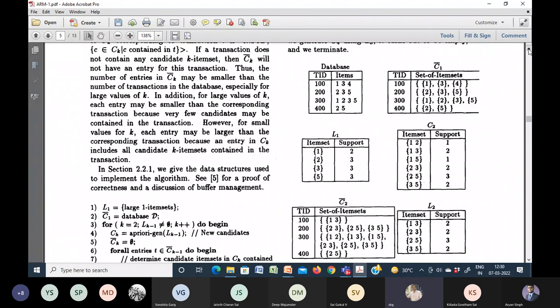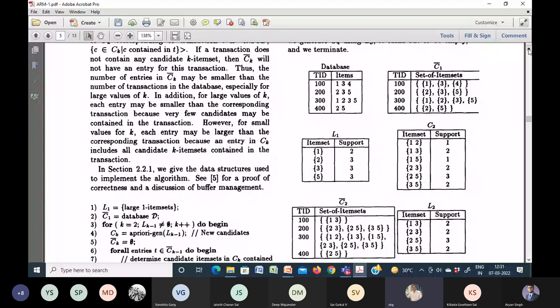Item 1 has a support of 2, whereas item 2 has a support of 3. Here we consider that the minimum support is 2, so whichever item crosses a count of 2 will be considered a large item set.